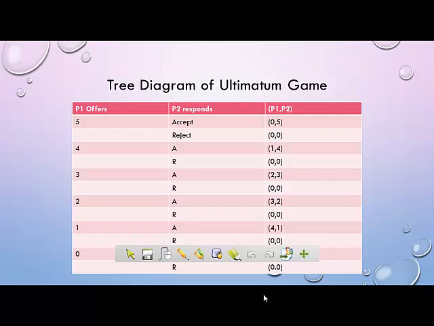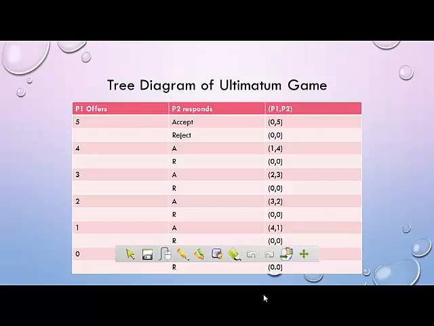Okay, that's in the first column. So this is kind of a tree which I could make easily. At the second branch, P2, the second player, has 2 possible moves. So each of the 6 moves has 2 branches. So there are a total of 12 possible outcomes.